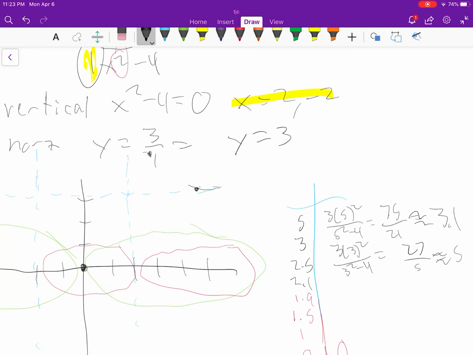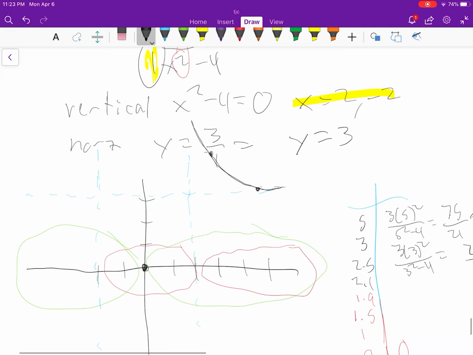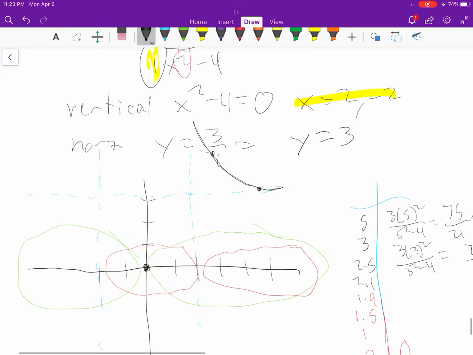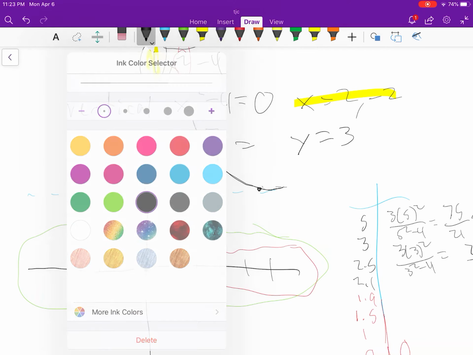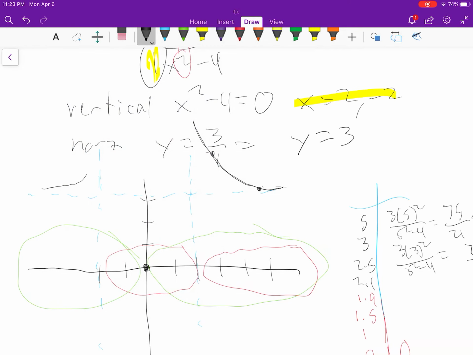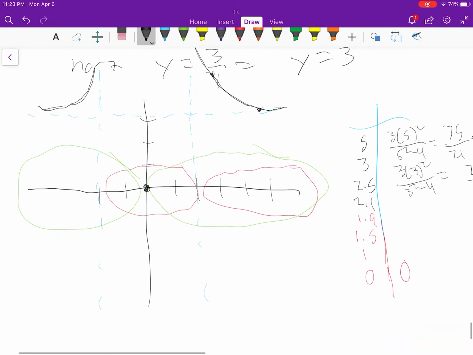So we know it's going something like this, up in this direction. I can plot the other points, but I already know it's going to go off to infinity. And since we know it's doing that over here, we know it's also going to do the same thing over here, like this. It's going to go off to infinity in that direction.